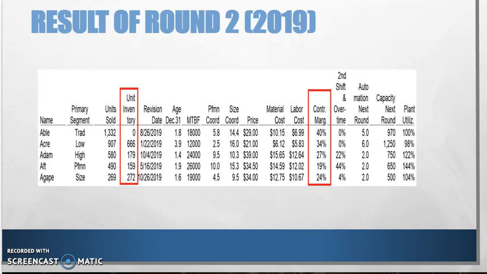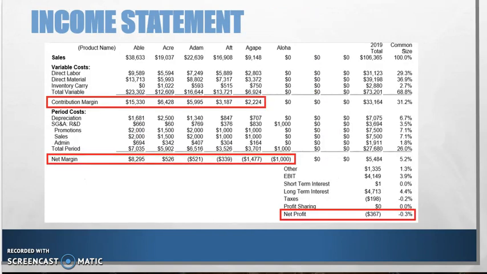Besides, the marketing team made a wrong sales forecast, leading to high inventory carry cost. Consequently, the contribution margin of the three remaining product lines was very low at 27%, 19%, and 24% respectively. The contribution margin of Apple and Acra was good at 40% and 34% in order.